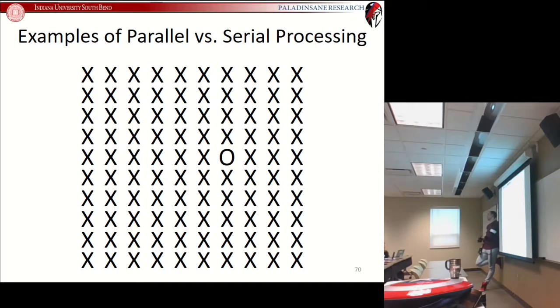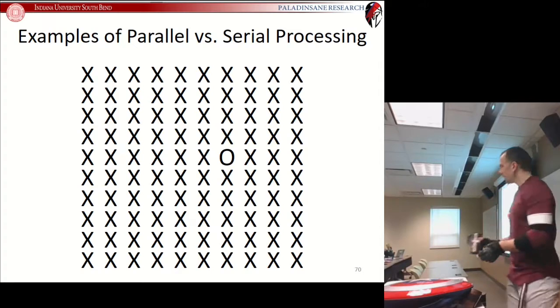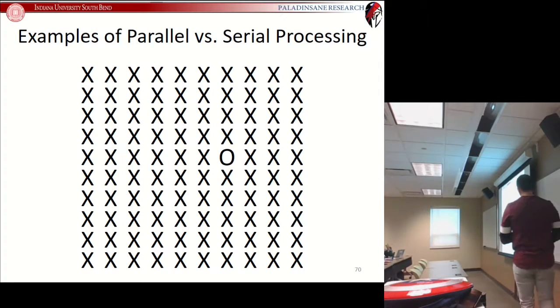Contrast that with the B versus P, where as the number of distractors increased, your processing time increased, indicating that you're serially processing that information. Because as more information needed to go through that processor, it took you much, much longer to process each one individually until you found that target B. All right, any questions on serial versus parallel processing?